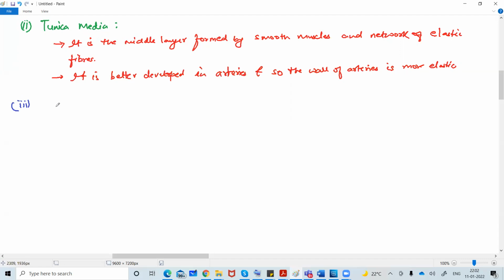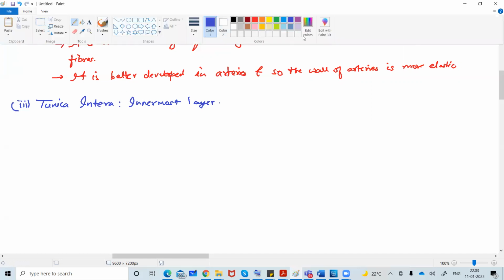Now, the third layer, which is present in the blood vessels, is Tunica Interna. Tunica Interna is actually the innermost layer, and this innermost layer consists of two parts.